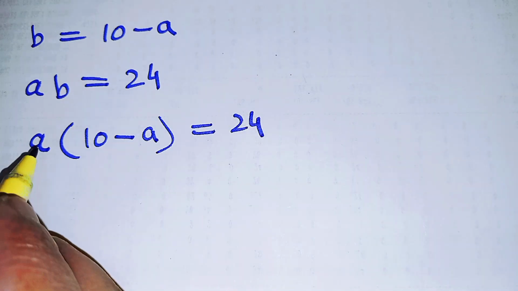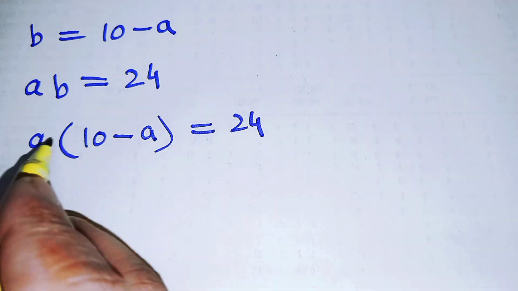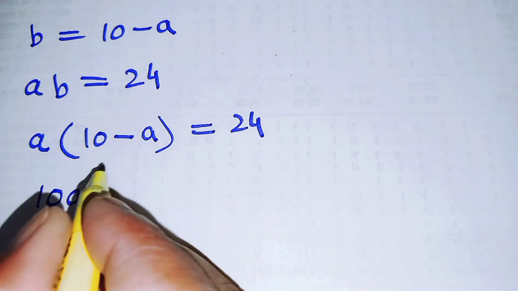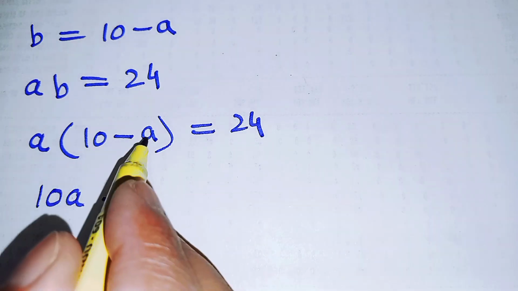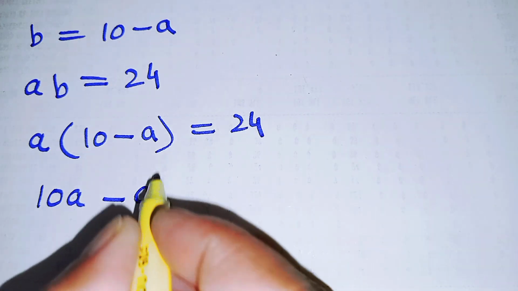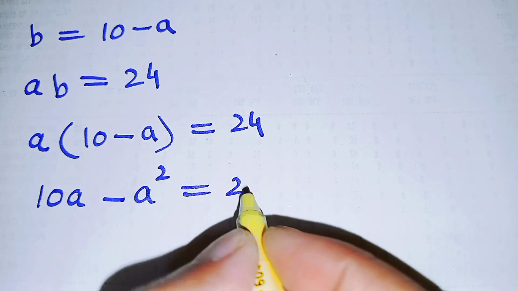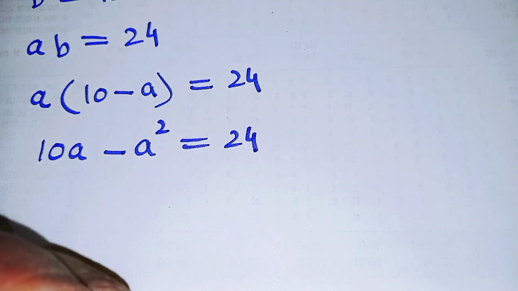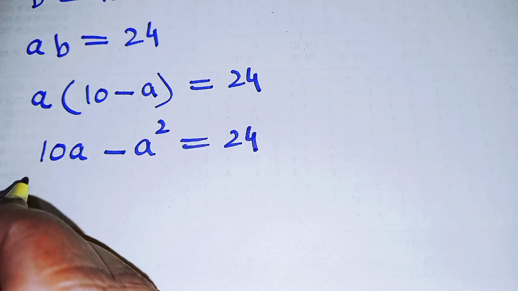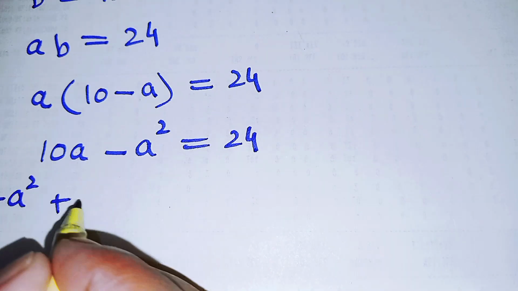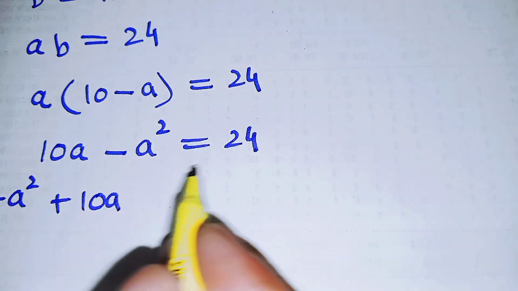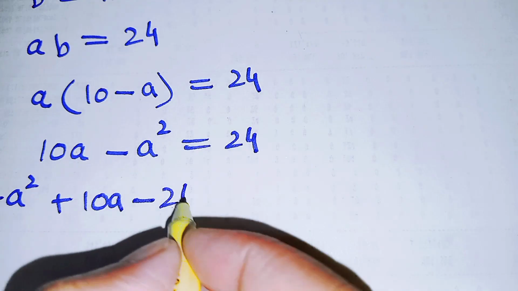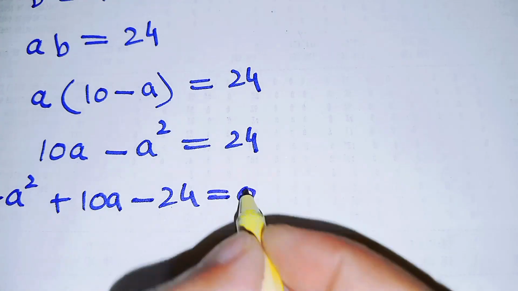Now we multiply them. 10 multiplied by a is 10a, minus a multiplied by a is a square, and this is equal to 24. Moving everything to one side, we get minus a square plus 10a minus 24 is equal to 0.